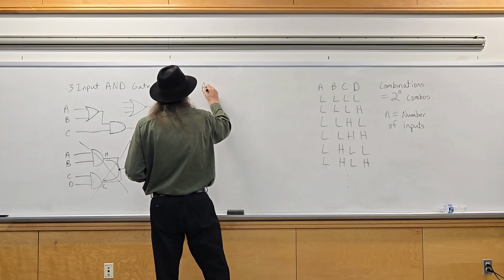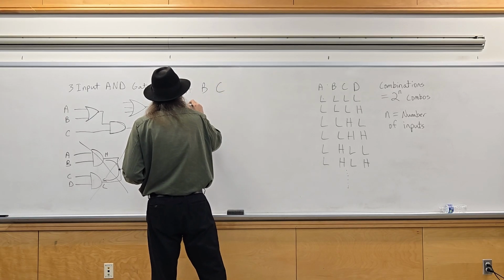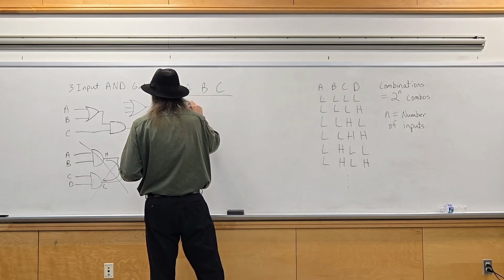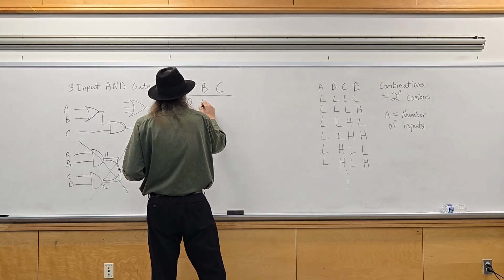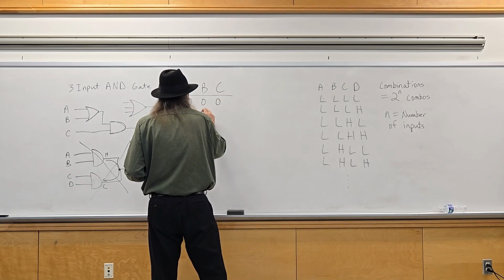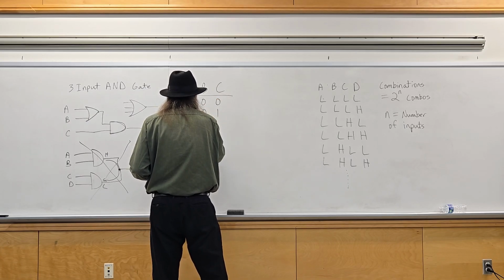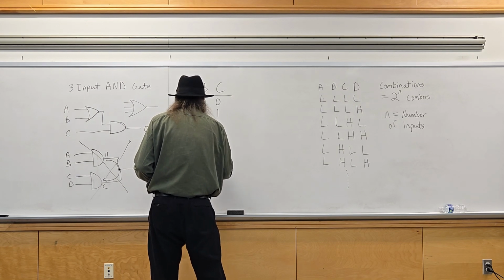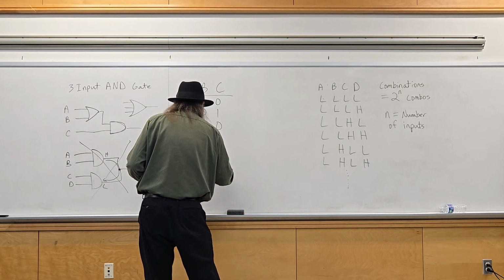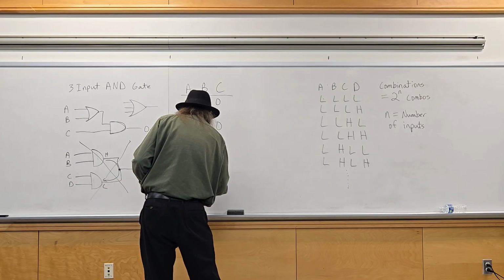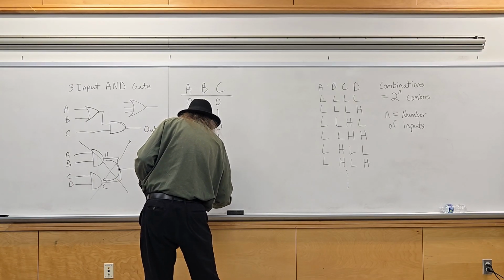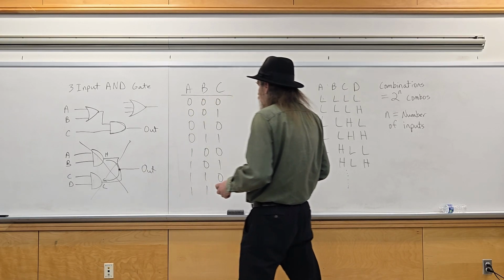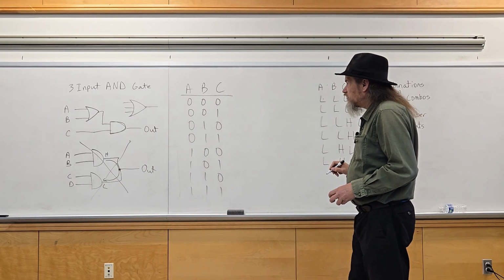A, B, C. I'm going to use binary because it's easier to write. That's 8, right? Yep. All the possible combinations.